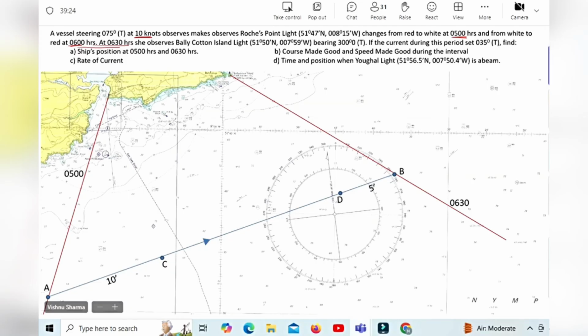Let's first revise these 4 points. How did we get A? A was any randomly chosen point on the first PL. How did we get B? By drawing CTS through A where it cuts the third PL. How did we get C?